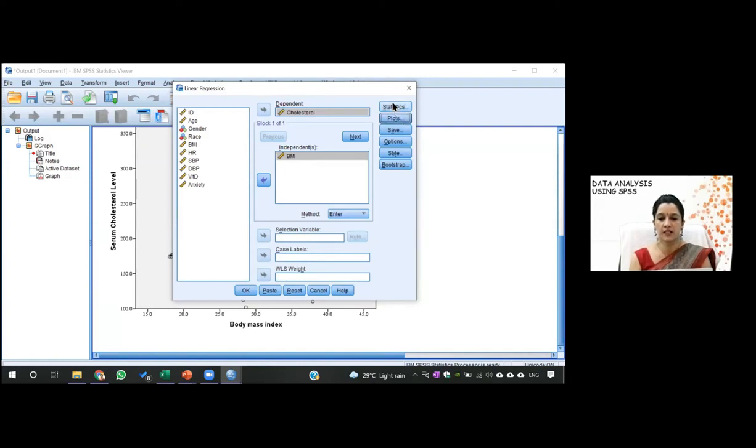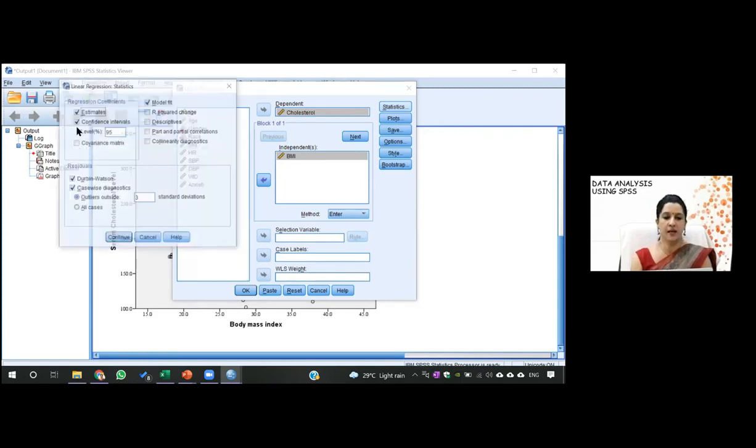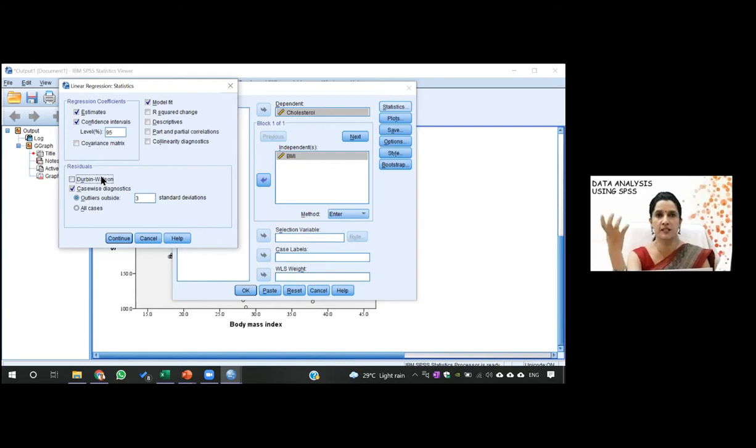If you click on statistics, you can see there are two boxes here: one box of regression coefficient and one box of residual, and this model fit is automatically clicked, so I don't have to do anything in this box. Because I need the confidence interval of my beta coefficient, I will click this, and this residual, because I have told you that SPSS calculates the residual in the background.